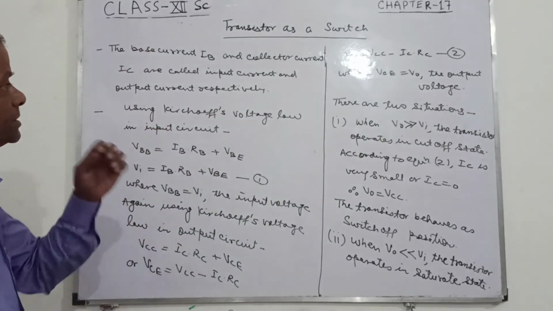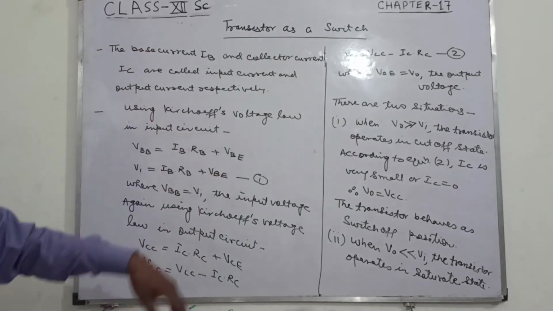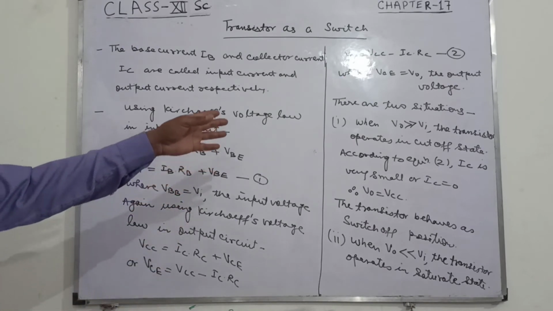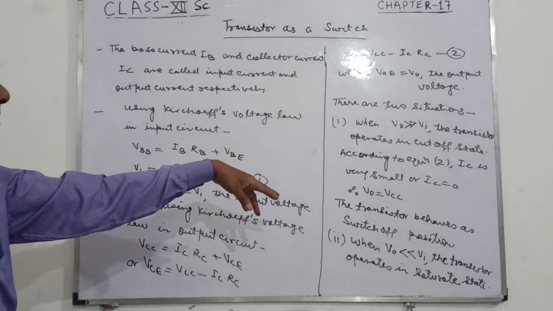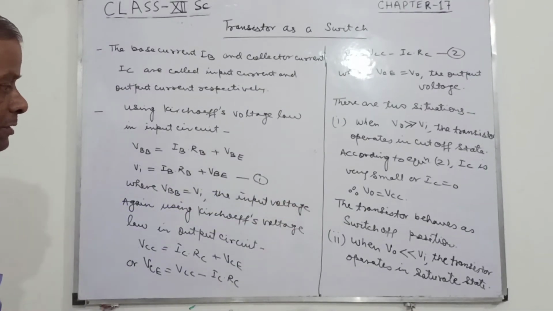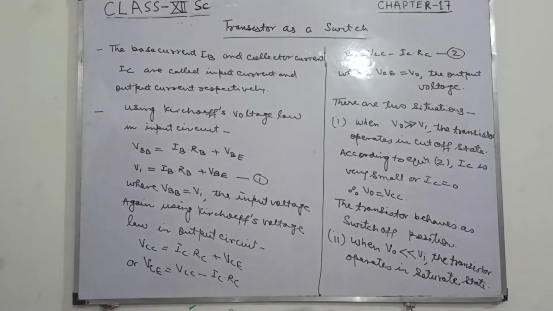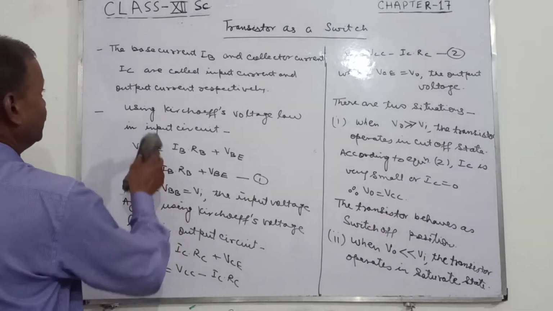So just take a screenshot of this one, so you can understand this action of the transistor as a switch. When we are taking V naught very much less than Vi, then what do we have here?